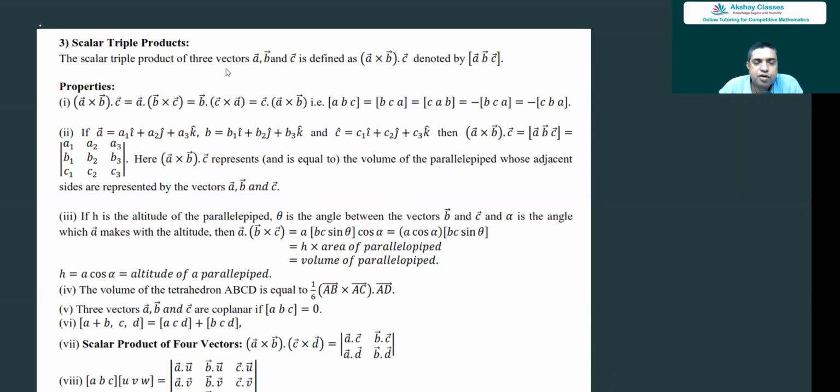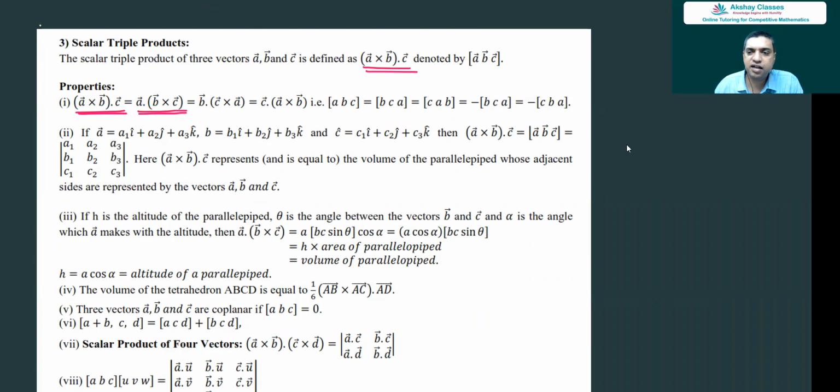So the scalar triple product of three vectors A bar, B bar, and C bar is defined as the cross product of two, dotted with the next one. So A cross B dot C, and it is also the same as A dot B cross C. Now this will remain the same as long as the cycle ABC is maintained.